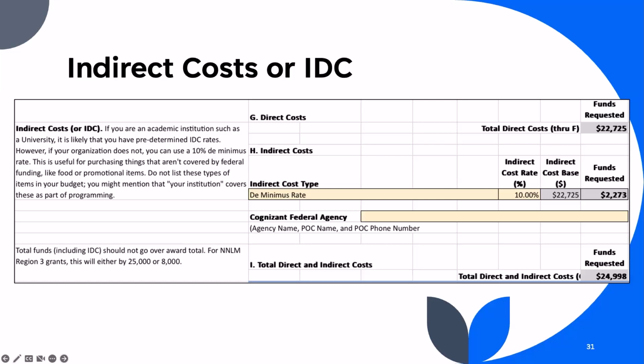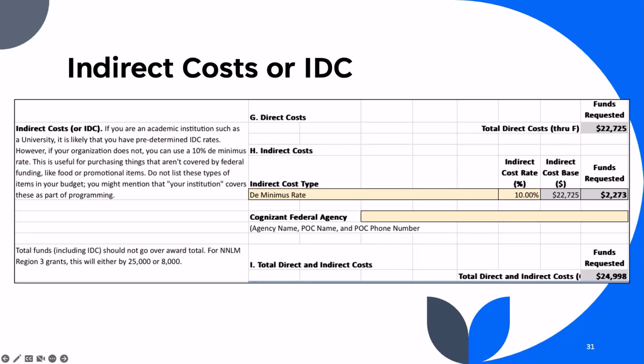But what I will say is that if you're at an academic institution, it is very likely that your institution will already have negotiated a federal rate with the government, and so they will have designated rates. There will be a sheet that you can ask your OSP for, and they will have different rates for different situations. A lot of times, outreach and education projects, not all the time though, will be designated under an other project section, because we'll have research projects and research projects will have a higher IDC rate.